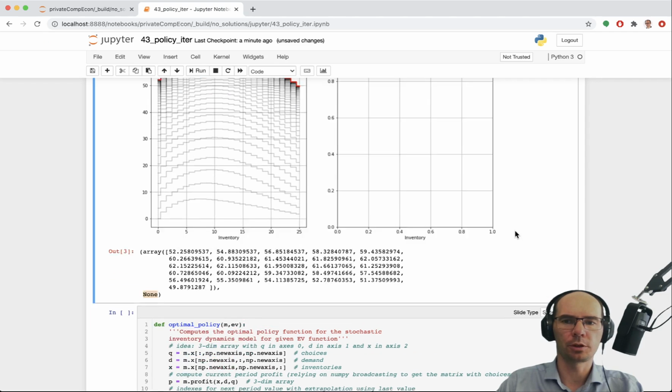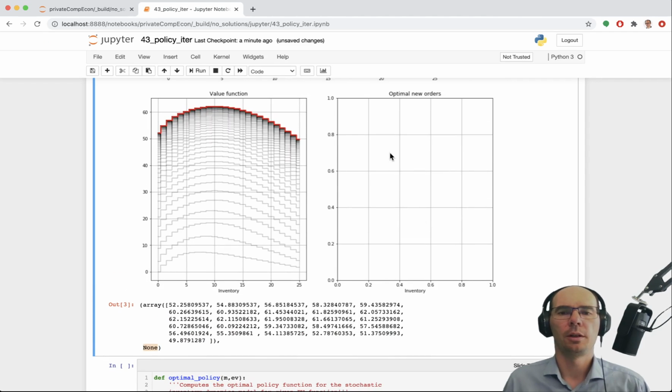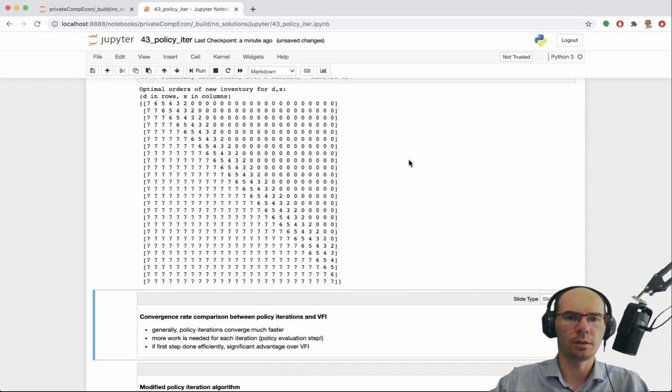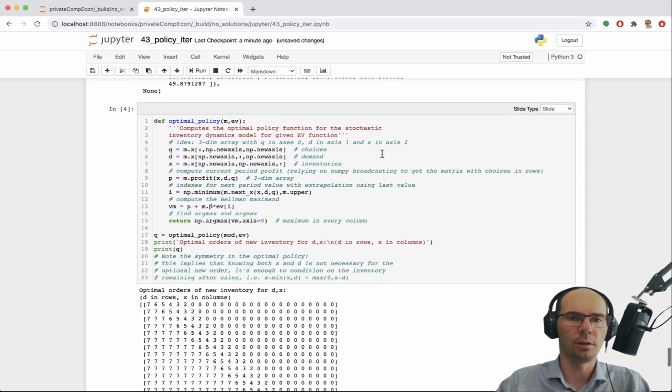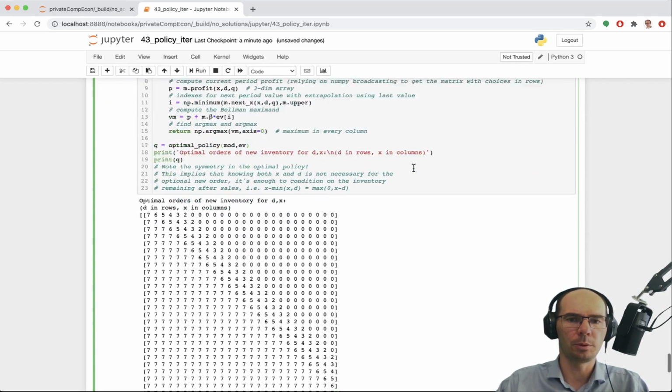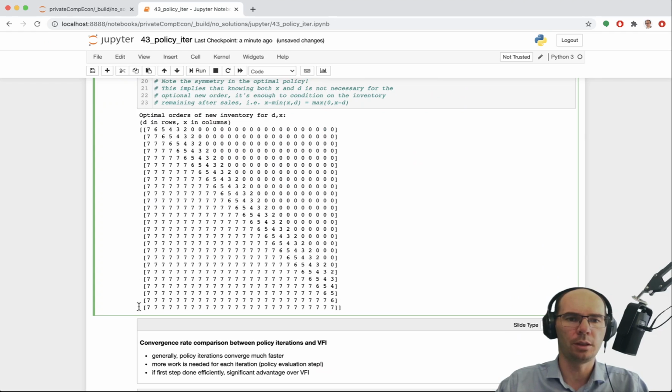The policy function is not calculated because it's harder to present in a simple graph, except now that we can do it, we should correct the code. Instead, there is the optimal policy calculator, which presents the optimal policy as a function of both d and x. You can see that here x's are on the horizontal axis, and then d's are on the vertical.